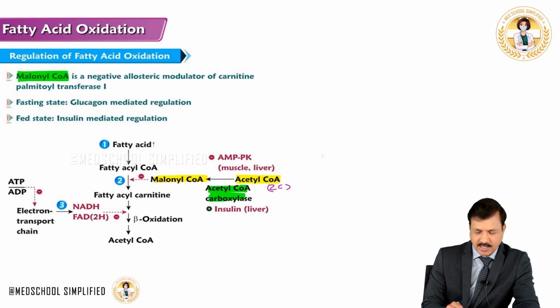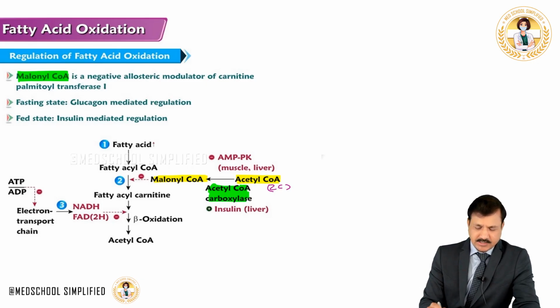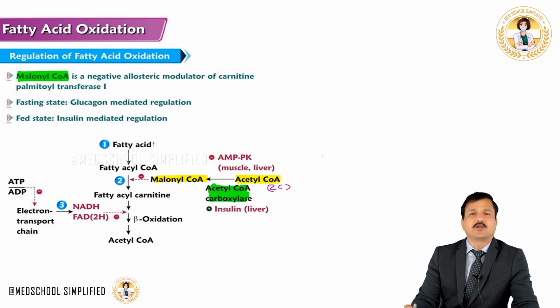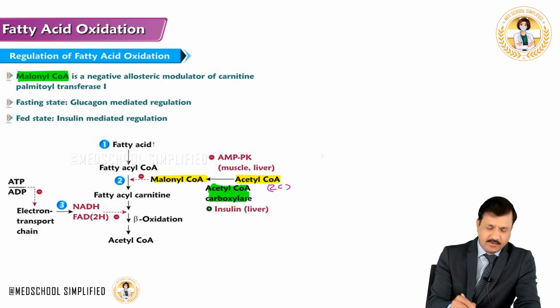Acetyl-CoA, a 2-carbon molecule, will be converted to malonyl-CoA by the enzyme acetyl-CoA carboxylase, and this reaction goes on whenever a person is in the fed condition.